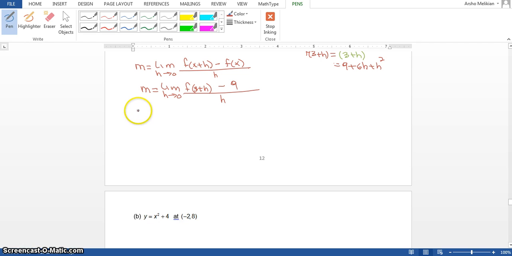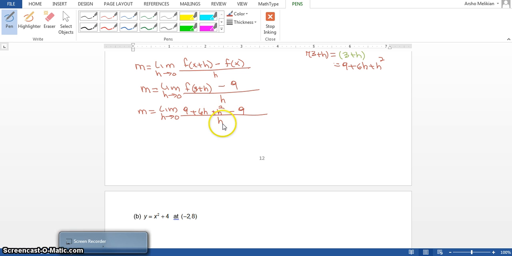So this is going to be the limit as h approaches 0. F of 3 plus h we said was 9 plus 6h plus h squared minus 9 over h. Now let's simplify. The limit as h approaches 0, the 9's will go away, and I can factor out an h from the top, so I get 6 plus h over h.